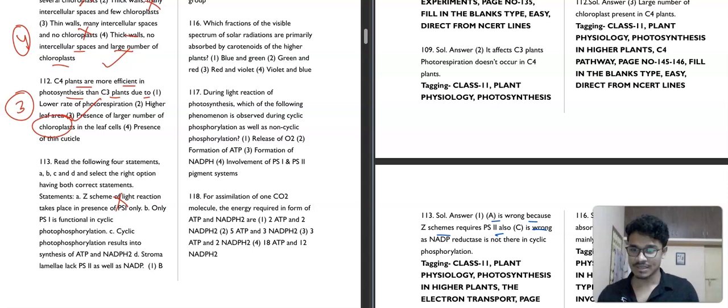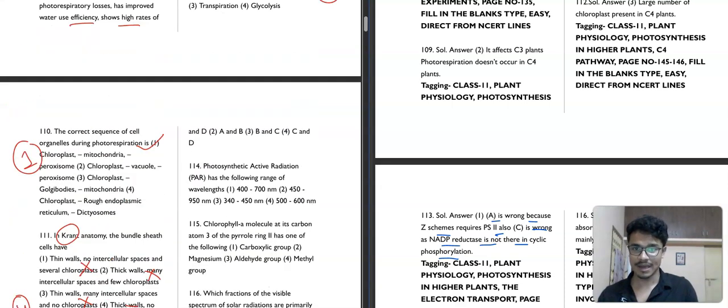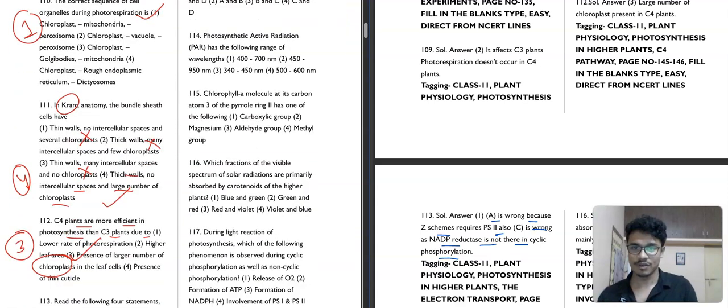Cyclic photophosphorylation results in synthesis of ATP and NADPH is wrong, as NADP reductase is not there in cyclic photophosphorylation. So B is correct and D is correct. So our correct answer is the first option, B and D.